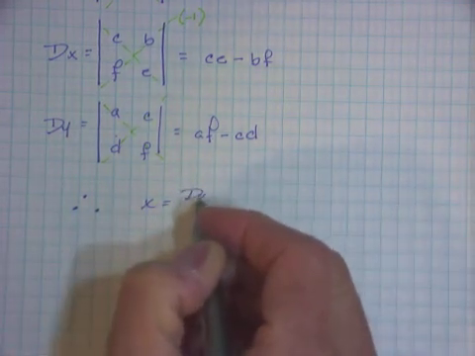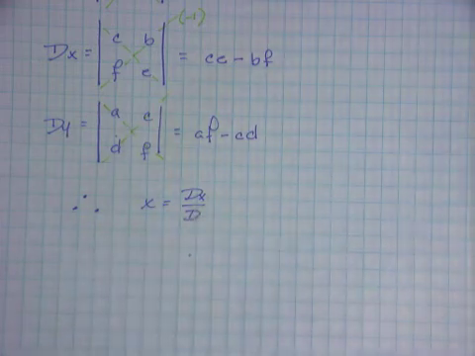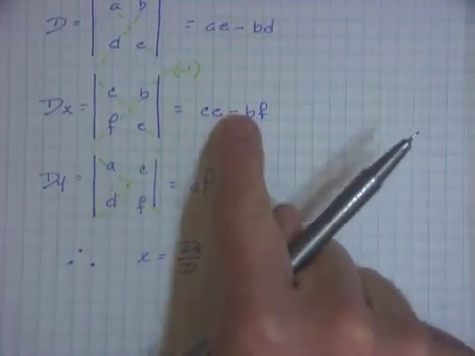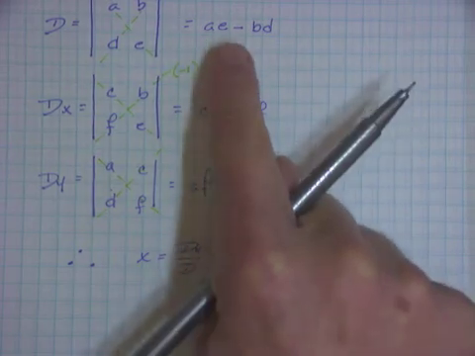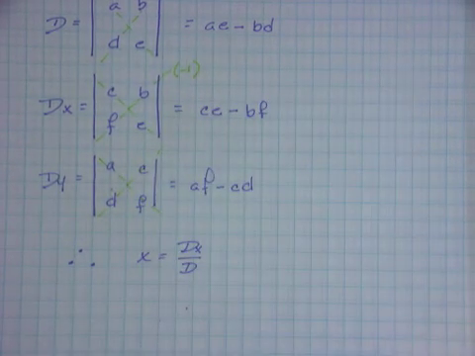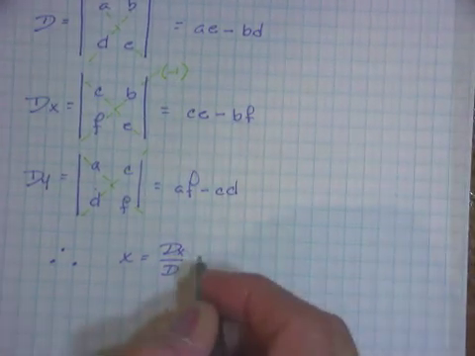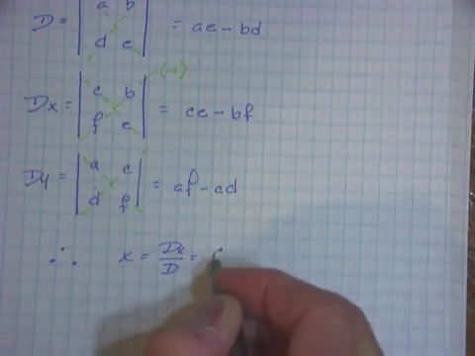Therefore, the x value in a solution is equal to the determinant of x divided by d. And again, that's this CE minus BF divided by AE minus BD, which we proved right here.